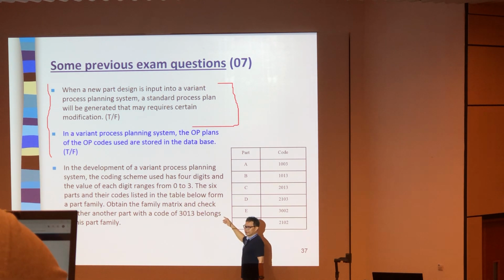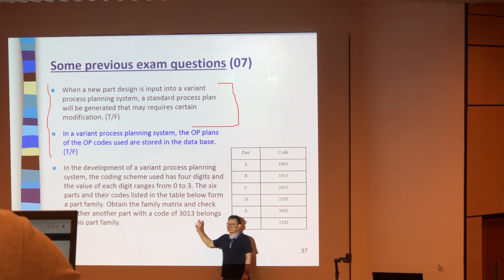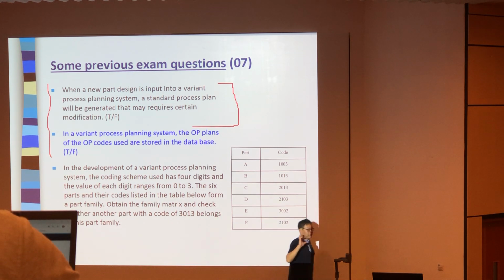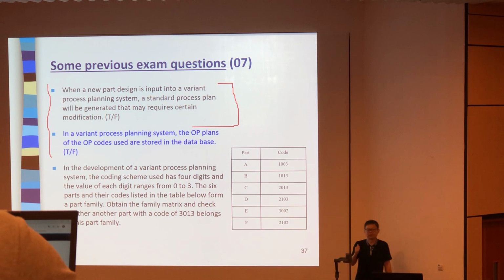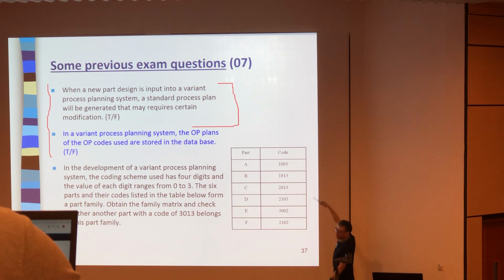Just have a quick look at whether this part, 3013, this new part, belongs to this family or not. 3103. You don't have to form the matrix. You can check by its members' codes to see whether a new part belongs to it.